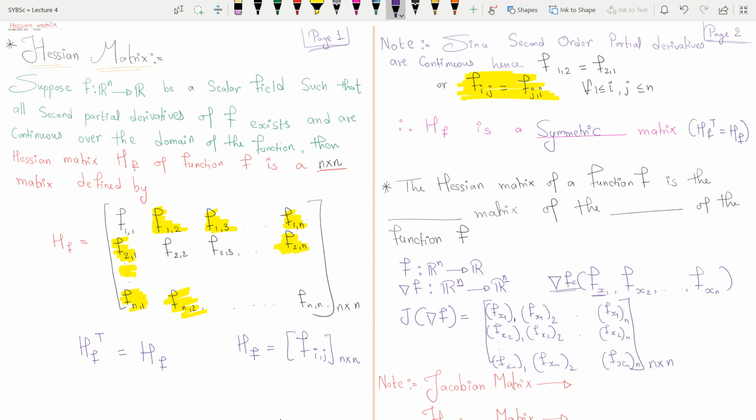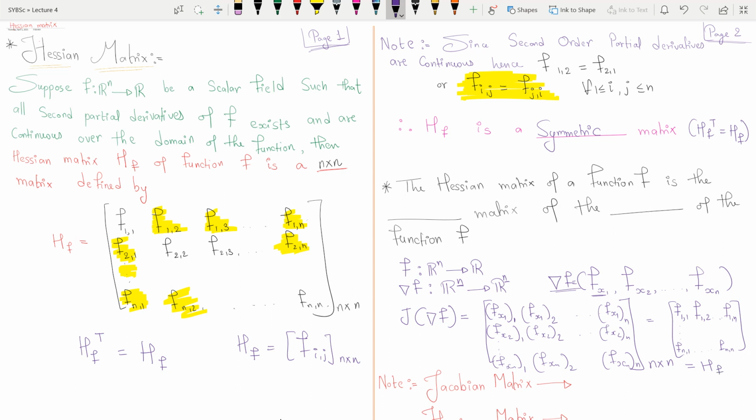You see the first term is nothing but f_x1, again differentiated with respect to x1. Hence, this matrix is the same as what? The first entry is f differentiated with respect to the first variable, and again with respect to the first, then with respect to the second, dot dot dot, f_1n. This will go till the last row, that is n, then 1, then f_n,n, and that is nothing but the same as my Hessian of f.